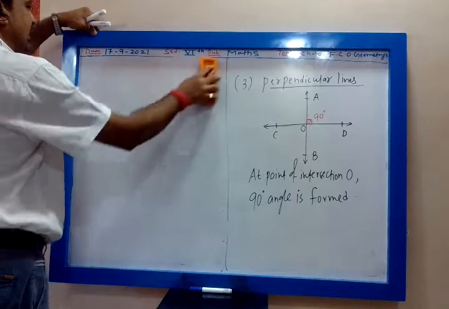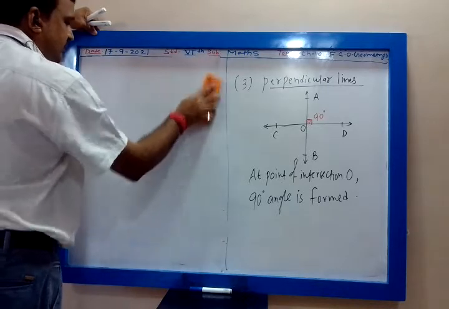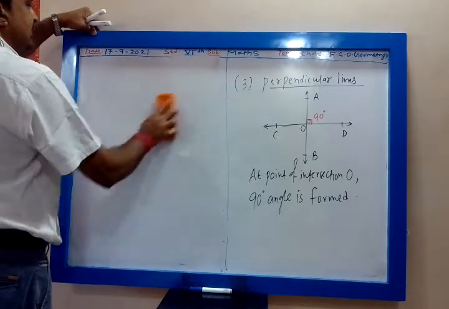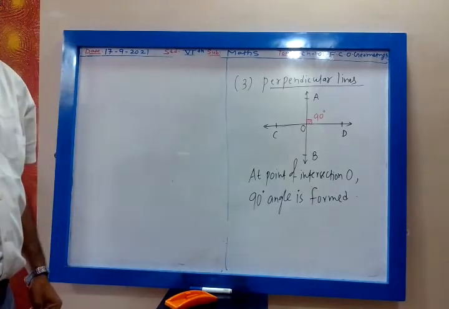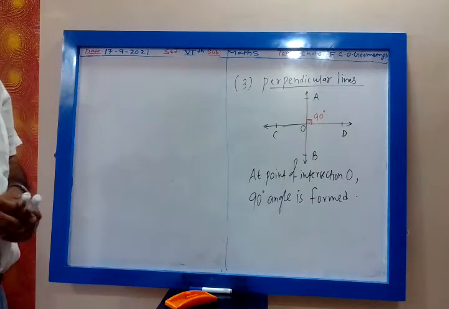So perpendicular lines are intersecting lines. Yes or no? Perpendicular lines are intersecting lines.